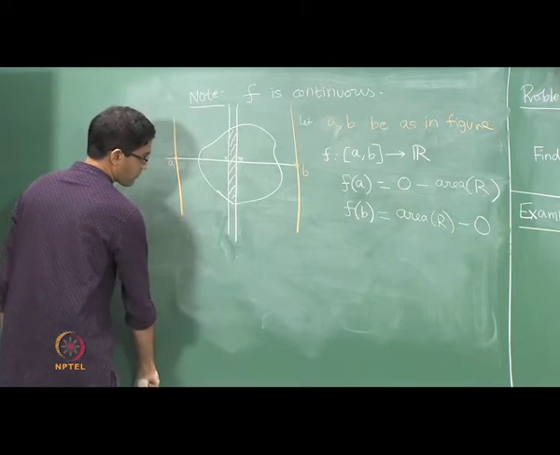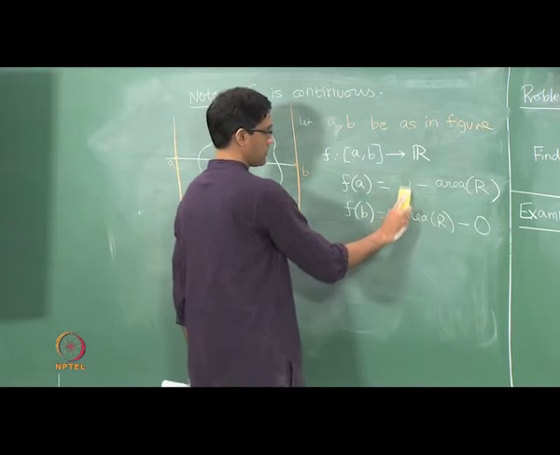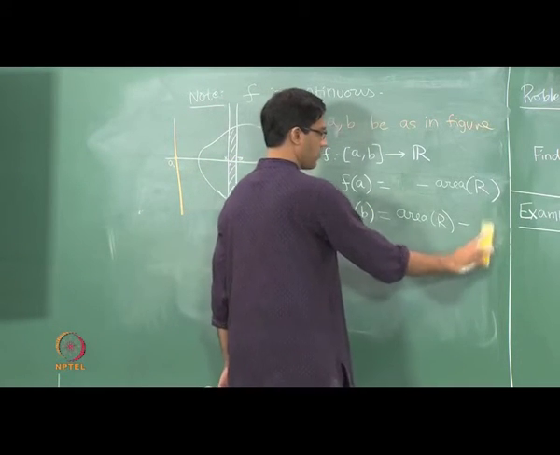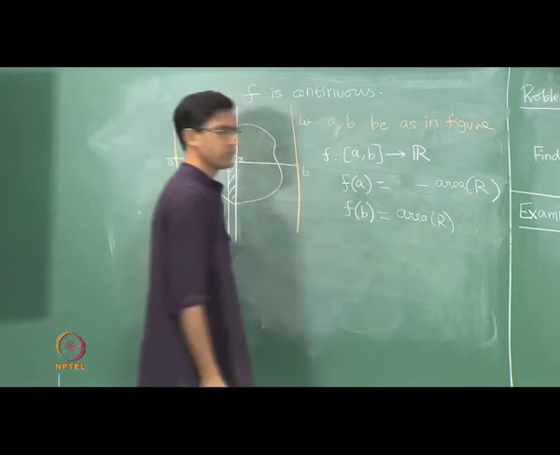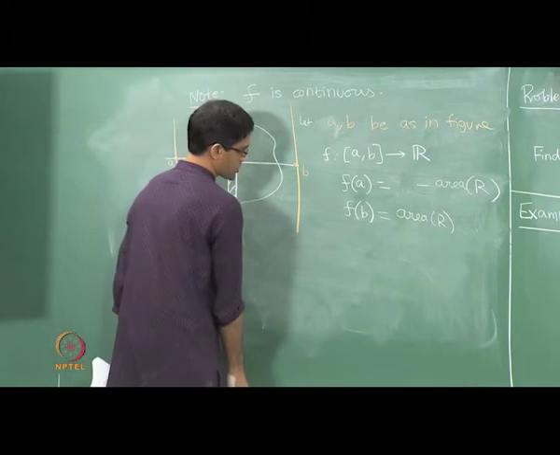So f of A and f of B are in fact of opposite signs. One of them is area of R, the other is minus area of R. One of them is strictly negative, the other is strictly positive.